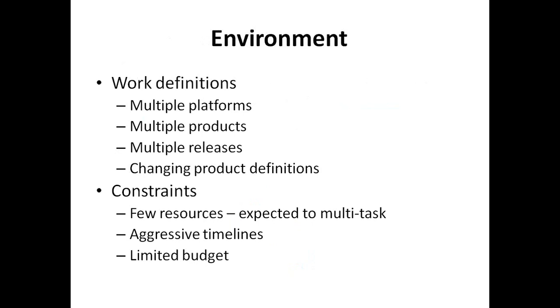Before we start answering our questions, we need to understand the kind of environment we work in. The environment we work in is driven by our work definitions, which means multiple platforms, multiple products, multiple releases, and changing product definitions. And it's a very constrained environment because we have very few resources. Most of the times we have very few resources who are expected to multitask, give out multiple releases at the same time, and meet very aggressive timelines.